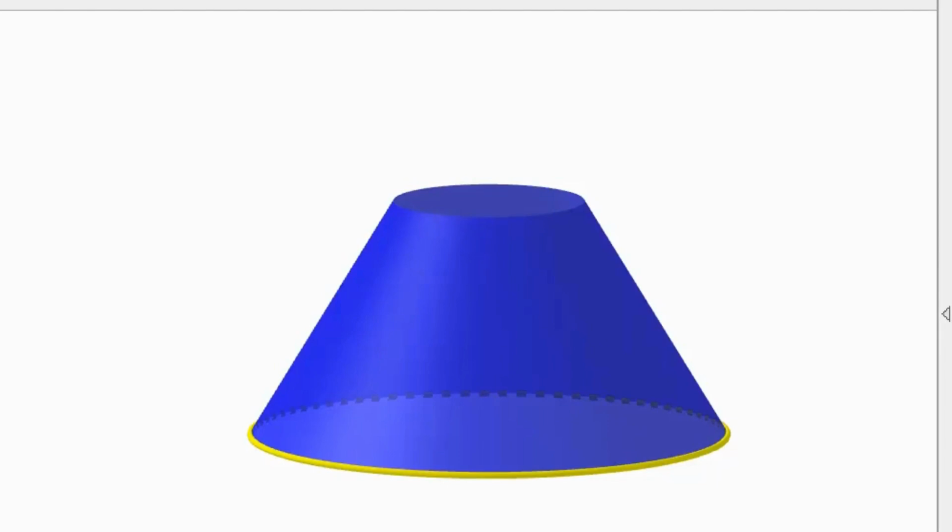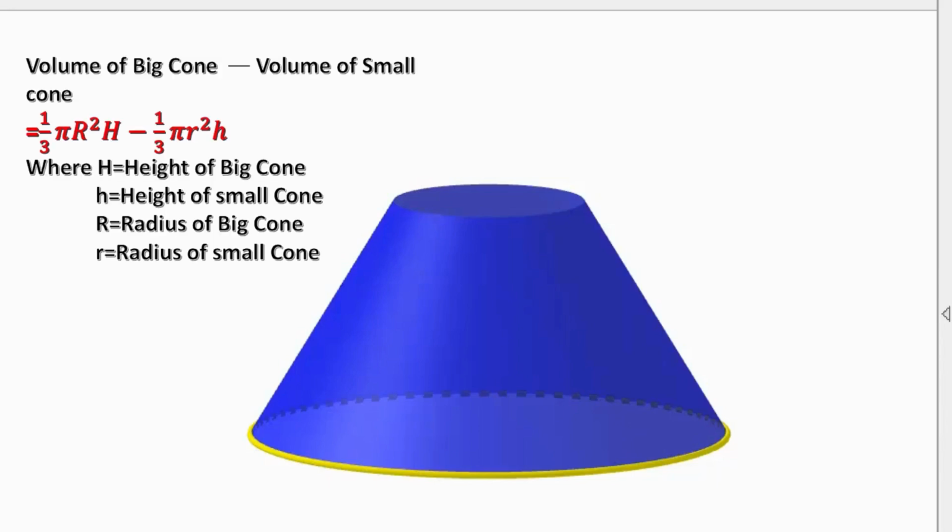Do you also remember what we said about finding the volume of this frustum? For us to find the volume of the frustum, we are going to look at the entire picture. We are going to see the entire cone, and look at both the height of the big cone and the height of the small cone.